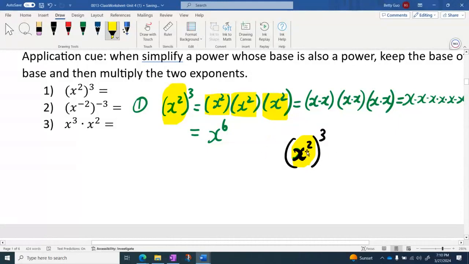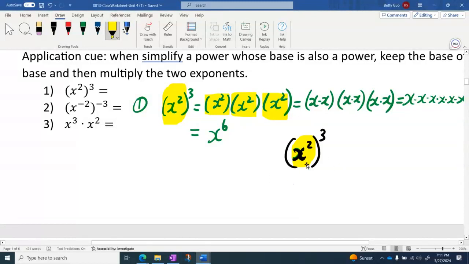The yellow part is like the pouch of the mommy kangaroo, and inside the pouch, we have a baby kangaroo. So the structure of this type of expression is a power, or exponential expression, whose base is also an exponential expression.